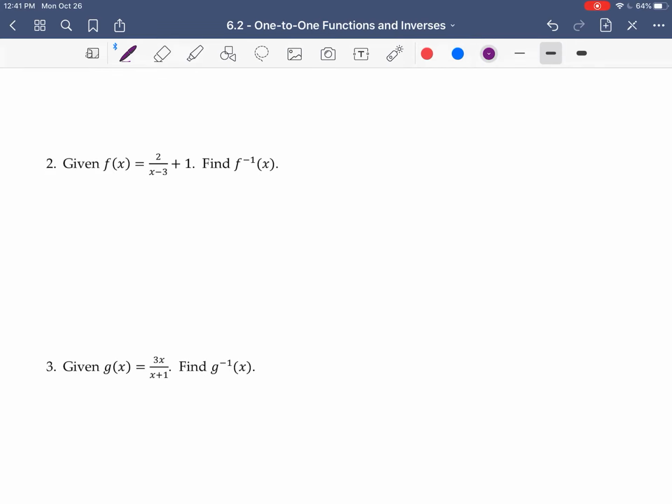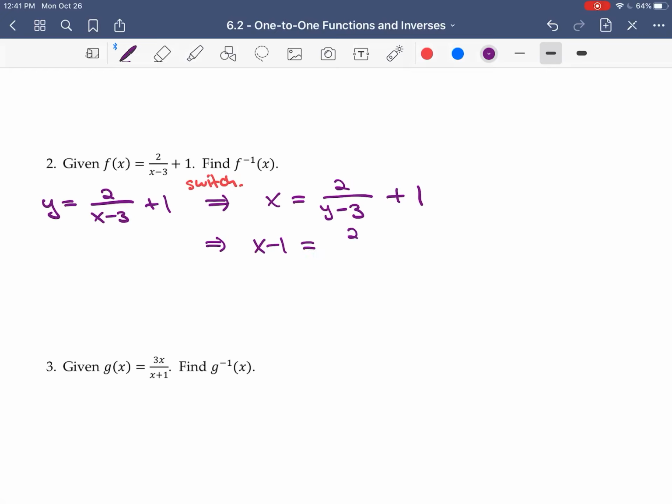I'm going to rewrite this as y equals 2 over x minus 3 plus 1. Then I do my switch, so x is equal to 2 over y minus 3 plus 1. Then I want to solve. I subtract the 1 over, so x minus 1 is 2 over y minus 3.